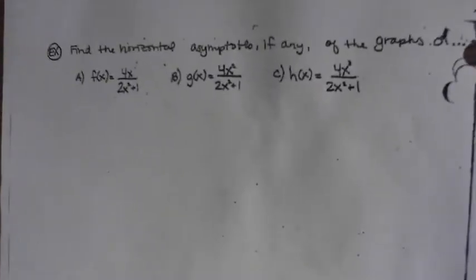To the back. Horizontal asymptotes. This is something brand new to you, how to find these, okay? So there's 3 rules, and the rules for where the horizontal asymptotes are is dependent upon the degree of the numerator as it compares with the degree of the denominator.